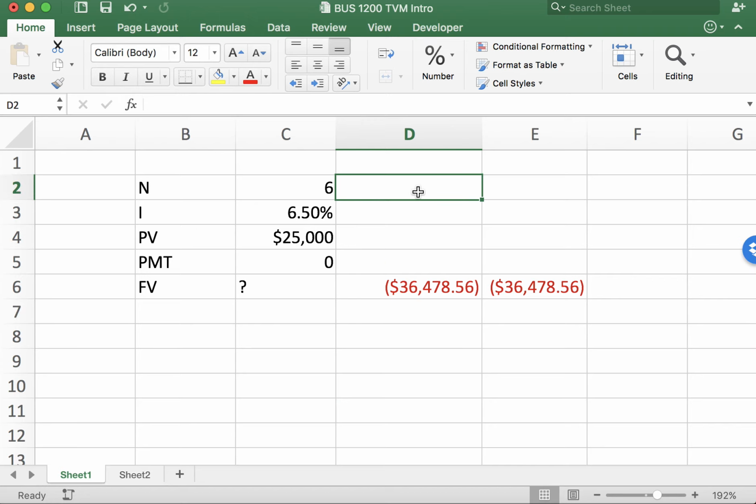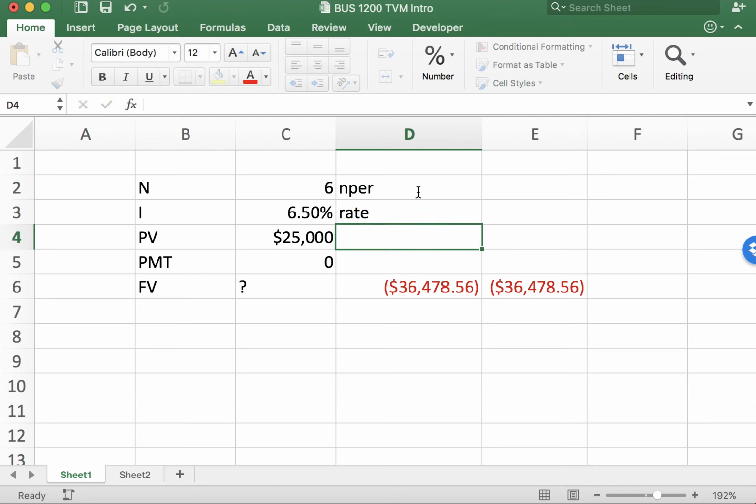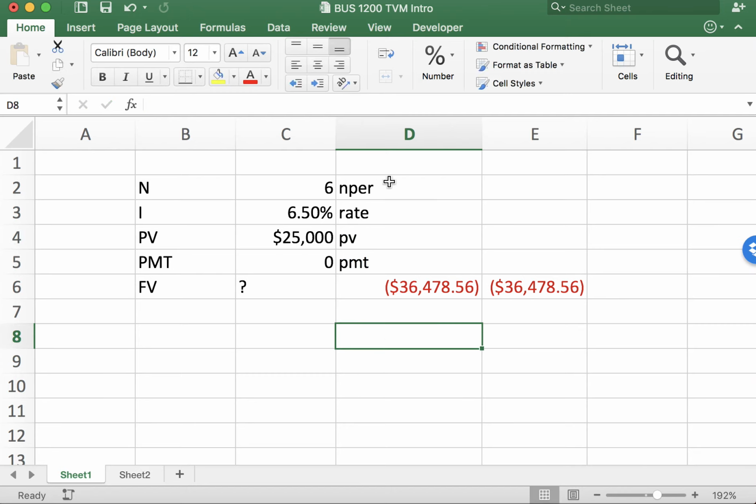So up here would be NPER, and below this is rate, and below this PV, and this is payment. So you can see that the equations are easy to remember. If you can remember one, you can just look at them and say, oh yeah, rate isn't I, it's rate. So there's an I equation in Excel, but it's not rate. So just remember these, and it'll be easy for you to remember which one you're calculating.